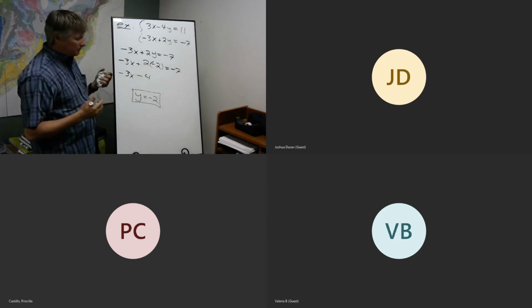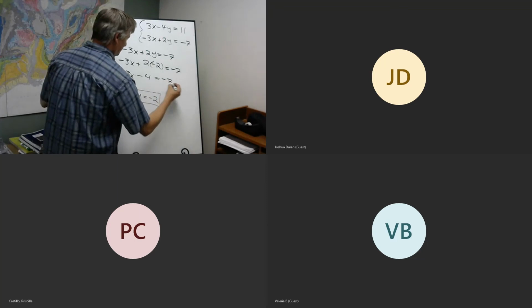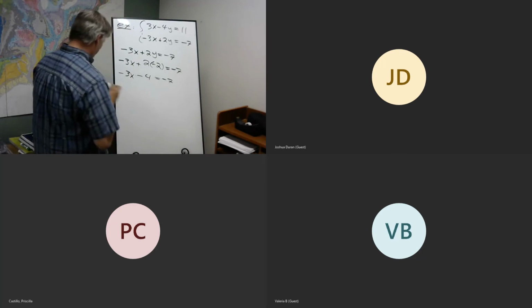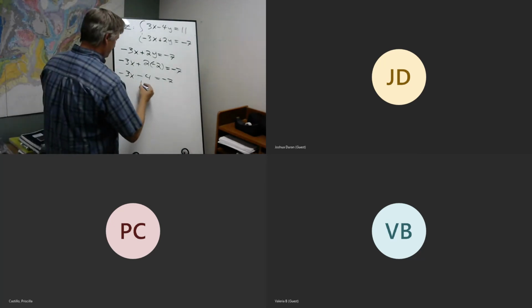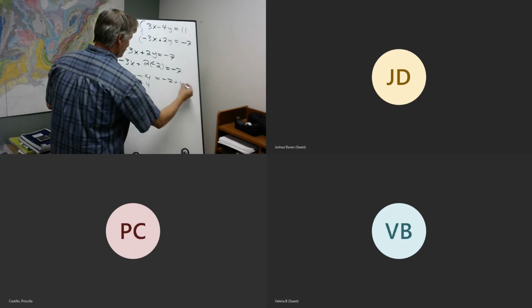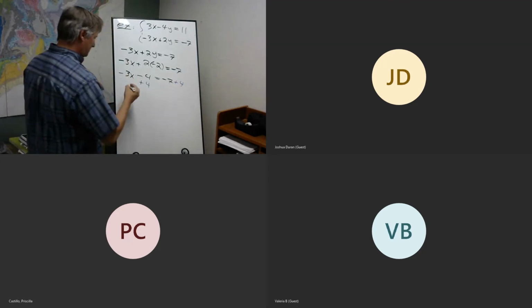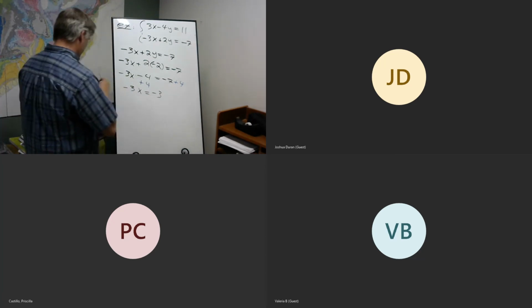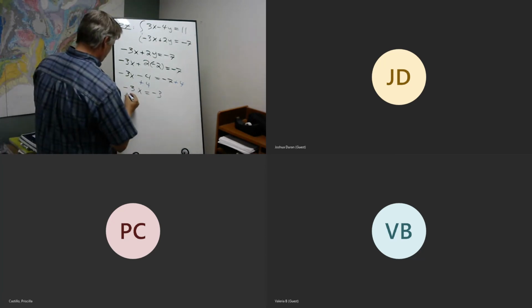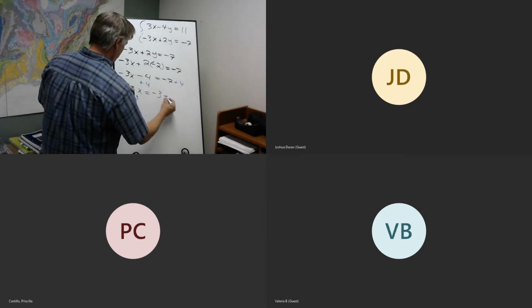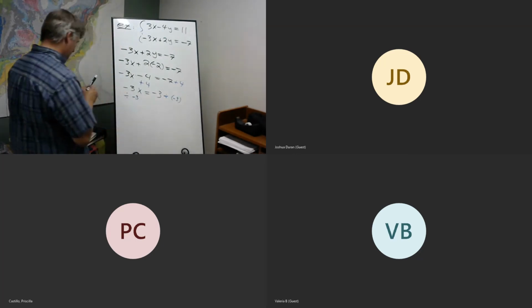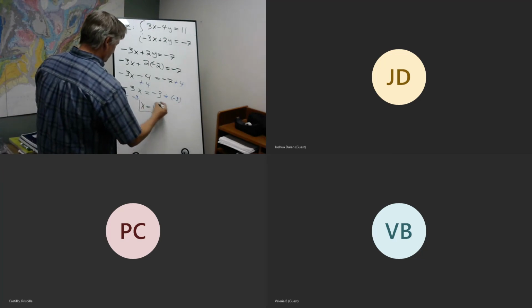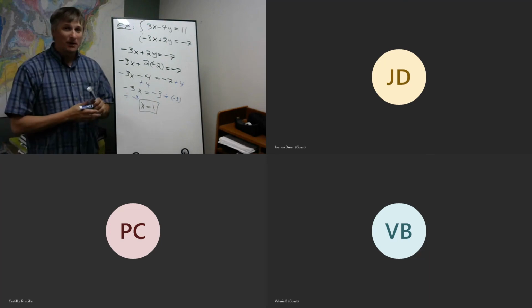Two times -2 is -4. And then we solve for x. So we're going to get x is equal to 1.